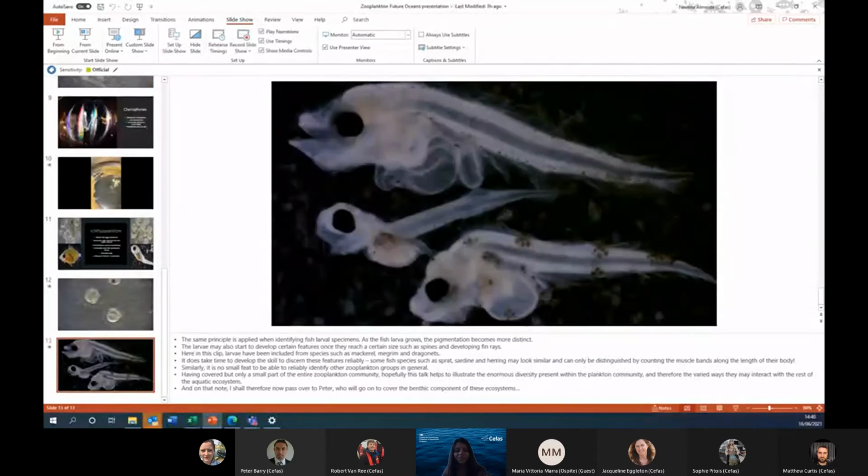So, I was just finishing off by saying, having only covered a small part of the zooplankton community, I hope this helps to highlight the enormous diversity present within this community, as well as the importance for monitoring and the varied ways they can interact with aquatic ecosystems as a result.